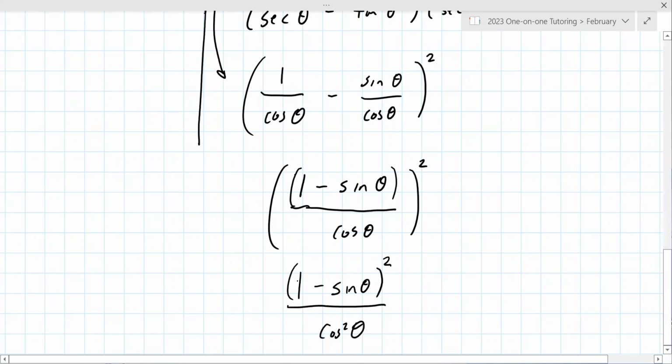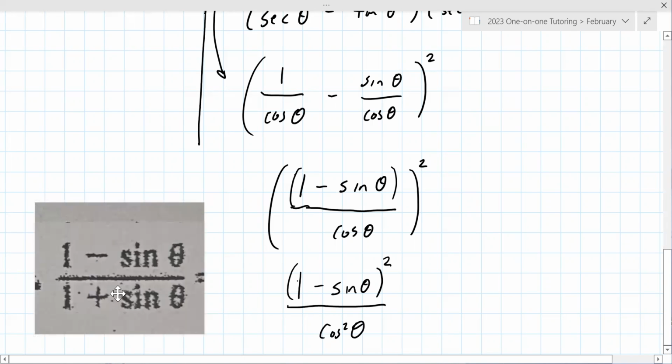And remember, our goal is to get it to look like this. So we don't want to change the 1 minus sine theta. We really want to keep that. But maybe we can do something with the bottom. What can the bottom become?